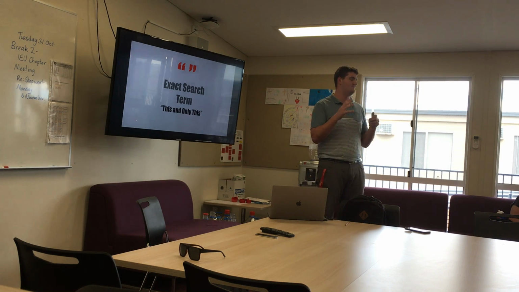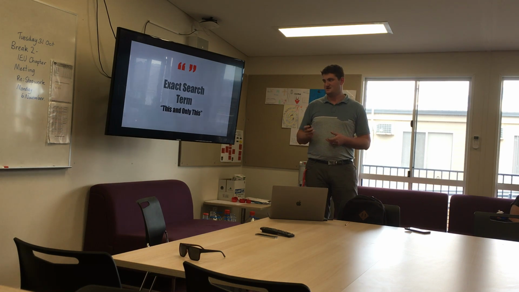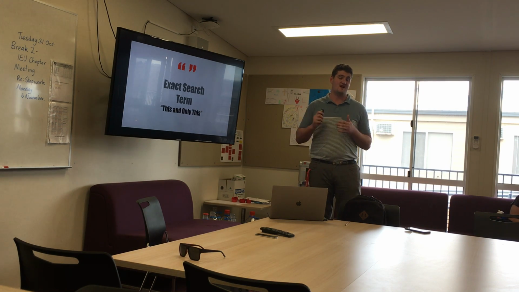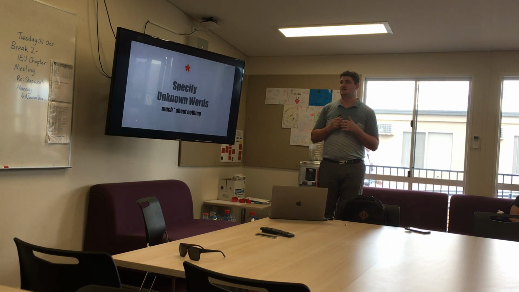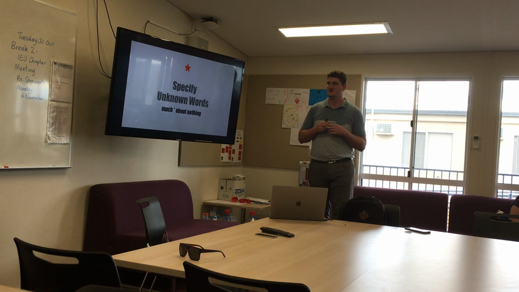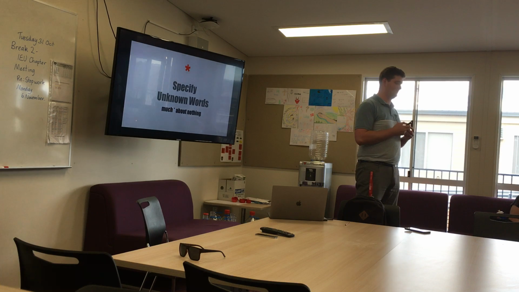So it won't jumble them up or index them, it will just do it as you write it, which can limit your searches quite a lot. Once I've gone through this, we'll bring it up so we can have a play around.